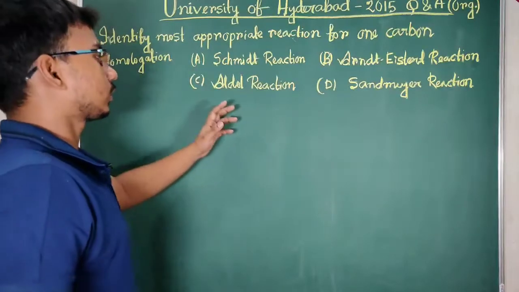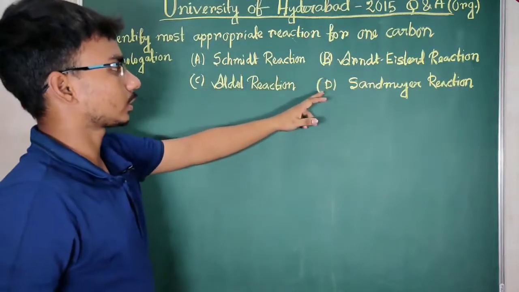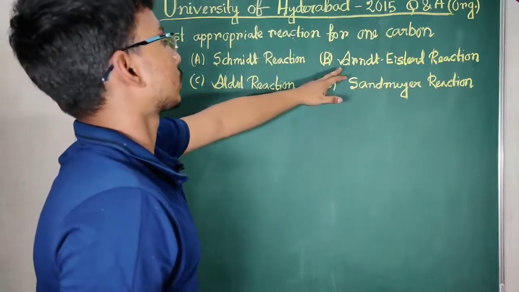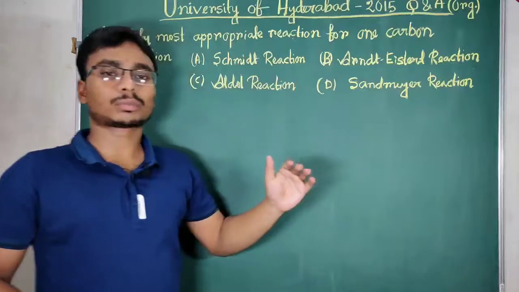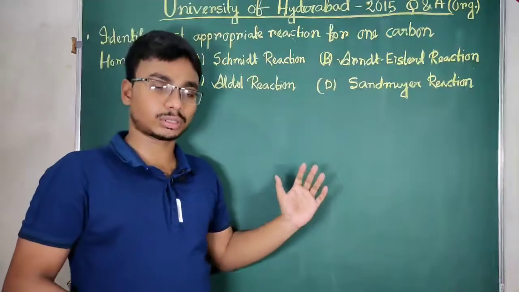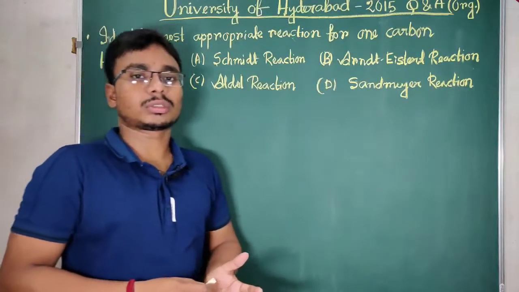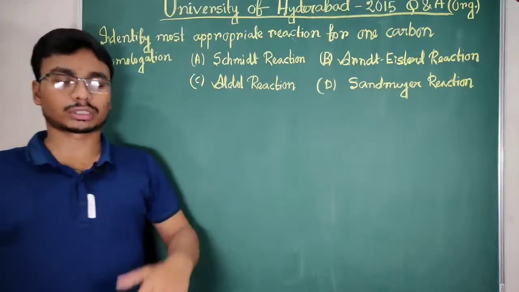So you have to tell in which of these 4 reactions 1 carbon homologation occurs, meaning the product has 1 carbon more or less than the reactant.